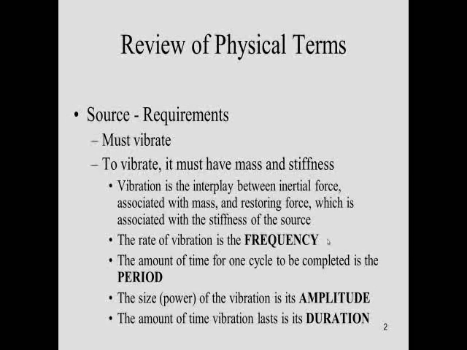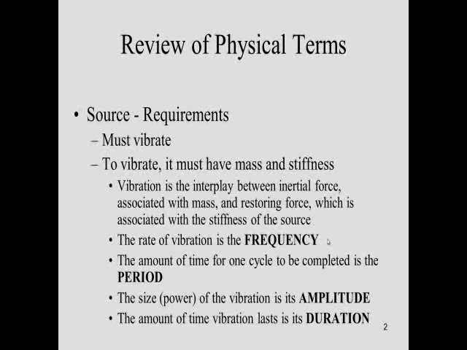So for example, if I've got a vibrating object that vibrates at 1 cycle per second, then its period would be 1 second. If I had another object that vibrated at 1,000 cycles per second, that would be a 1,000 hertz vibration, and its period would therefore be 1/1000th of a second.